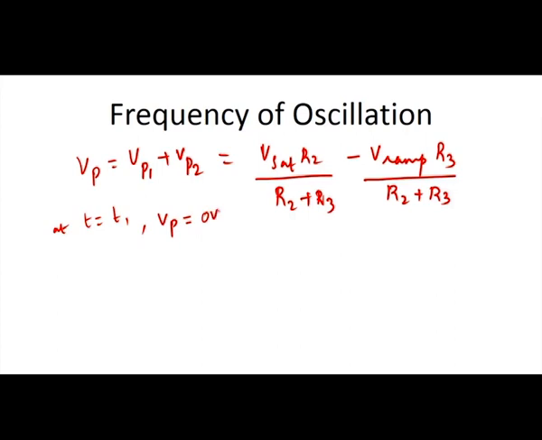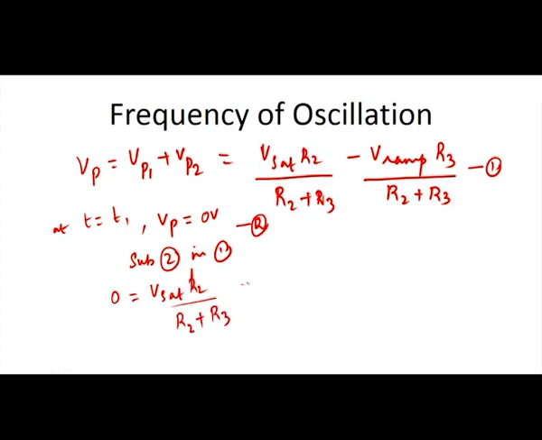be 0. And if you substitute 2 in 1, you will get 0 equal to V saturation R2 divided by R2 plus R3 minus V ramp R3 by R2 plus R3.